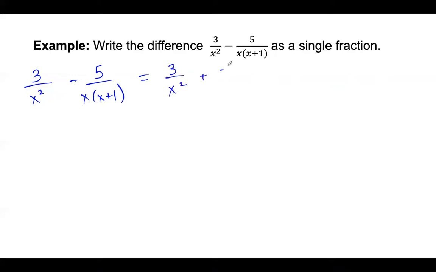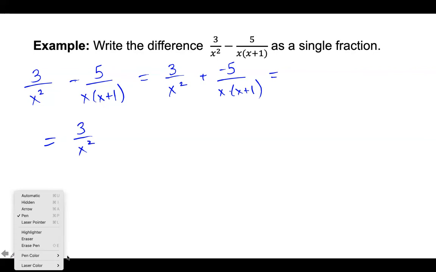This is plus negative 5 over x times x plus 1. Now you've seen kind of how to solve these. I'll write it on another line, 3 over x squared.